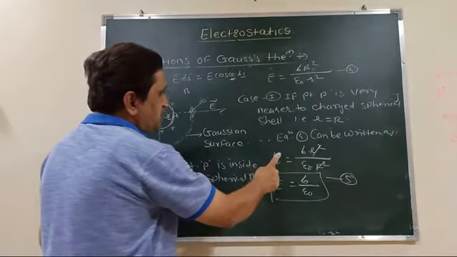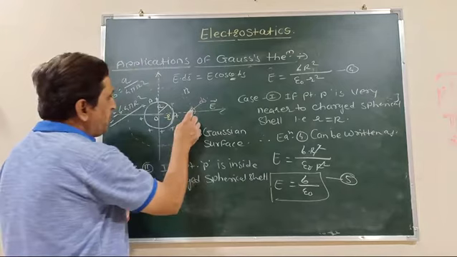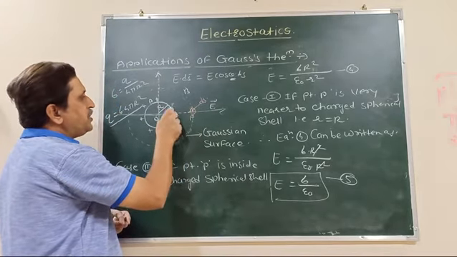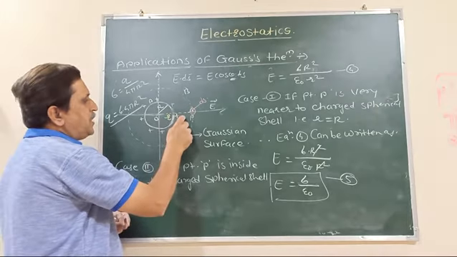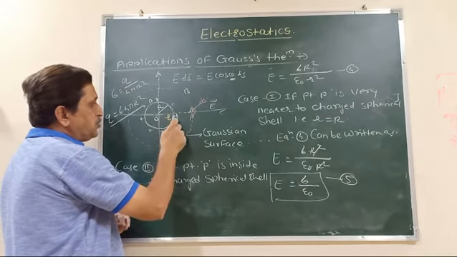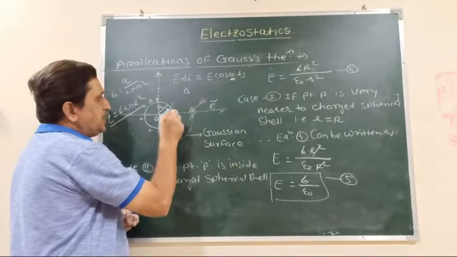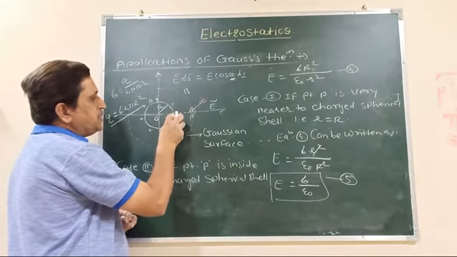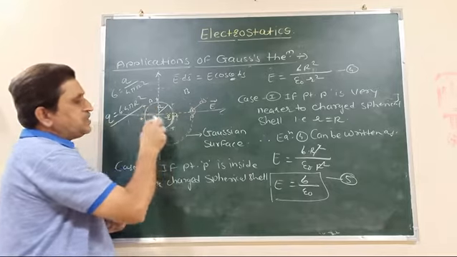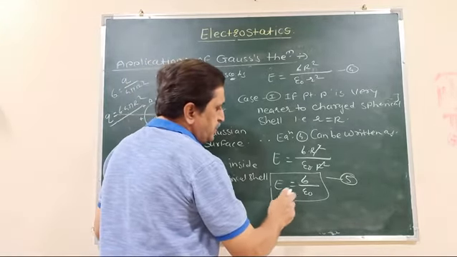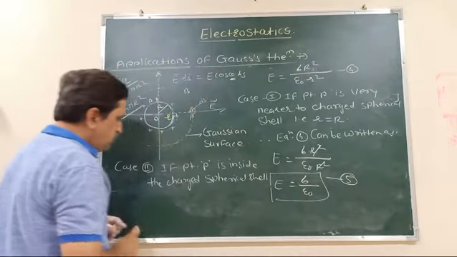Now first case में क्या होता है, if that point P is situated very near to this sphere, that means small r is nearly equal to the capital R, then electric field intensity at point P, which is very near to this charged spherical shell, is equal to sigma divided by epsilon 0.